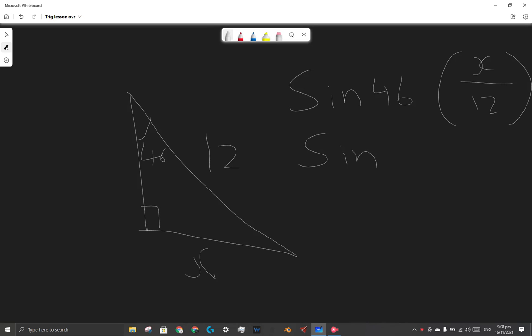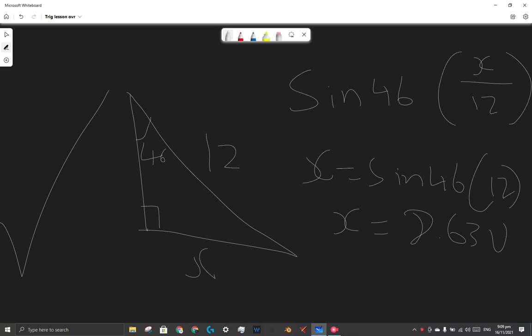What we're going to do is write x equals 12 times sine 46. And if you got x to be 8.63 units, then well done, you've got that part correct.